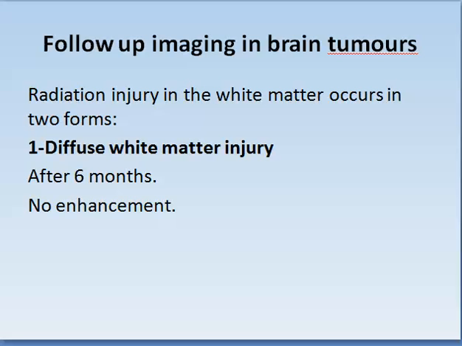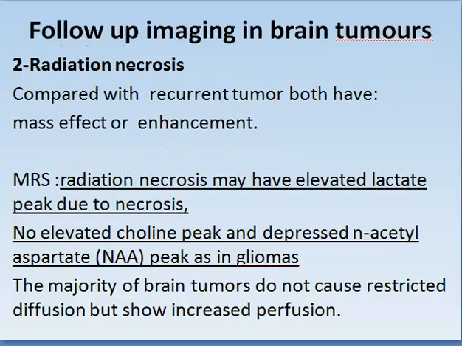But after 6 months you might get diffuse white matter injury, and here there is no evidence of enhancement. Diffuse white matter injury is the radiation effect which can occur late, about 6 months after. The second thing is that you can have radiation necrosis.